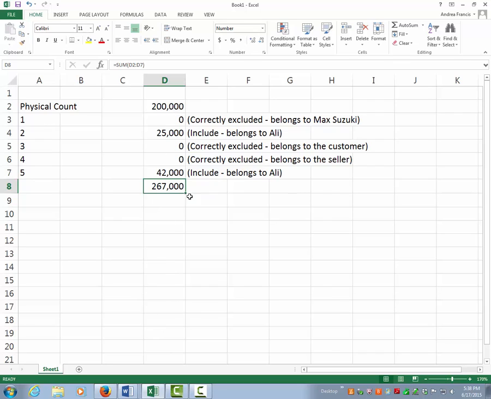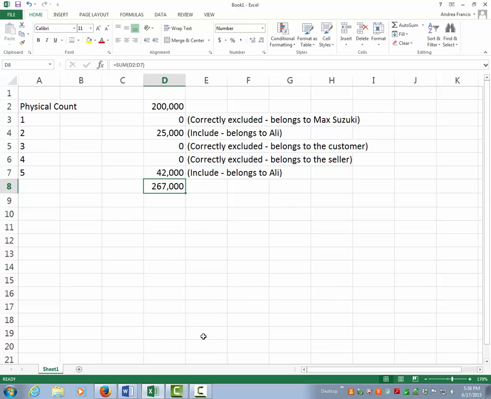But because we went through and found some of these errors, we were able to correct it, and now the company has $67,000 more of current assets. Now you might say, well, 67,000, is that really a big deal? Well, it is, because we started with an inventory number of 200,000, and 67,000 is a material amount in light of the previous inventory balance.